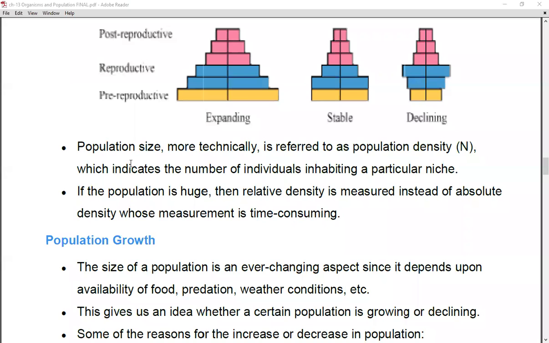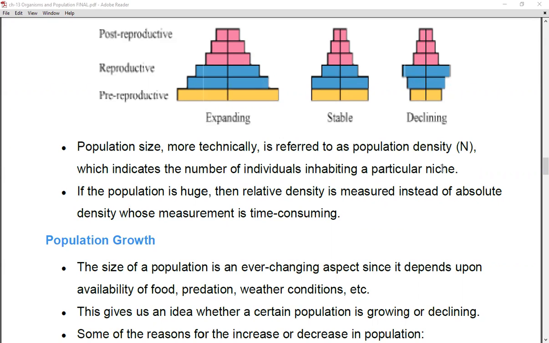Now, the population size more technically is referred to as population density. When you want to calculate the population size, it is normally referred to by a term known as population density, which is denoted by capital N. And this population density indicates the number of individuals inhabiting a particular niche, right?